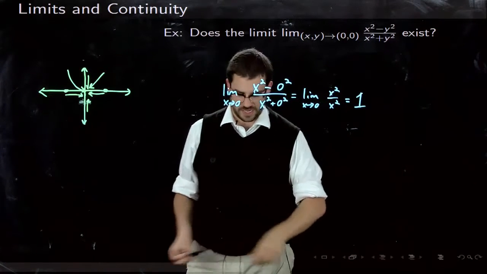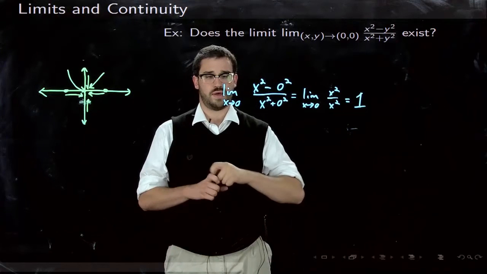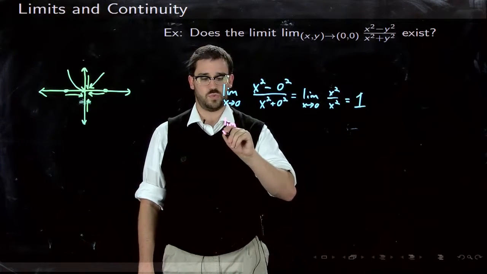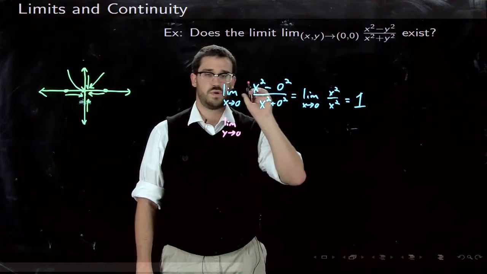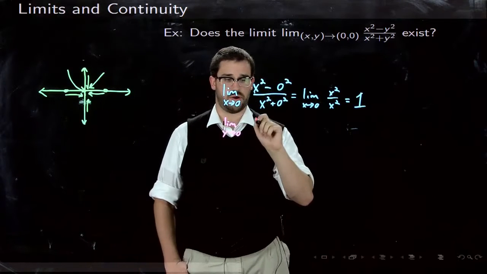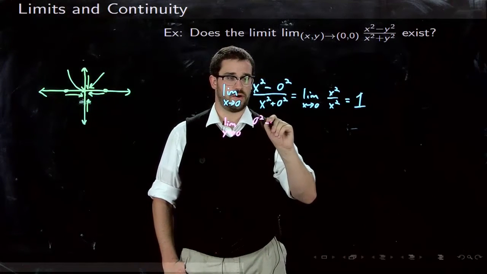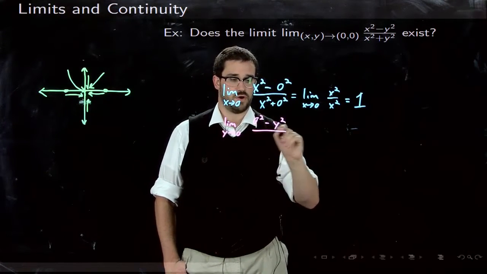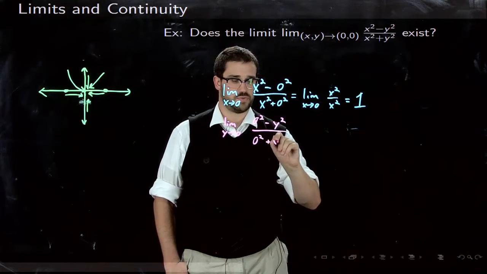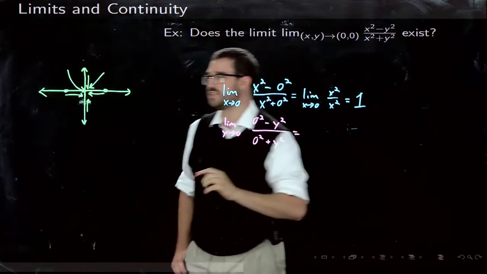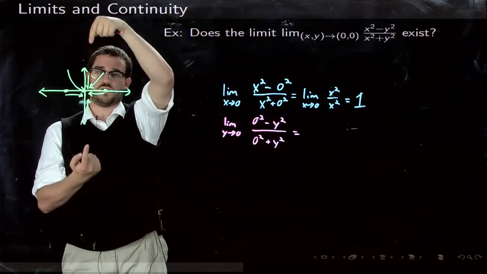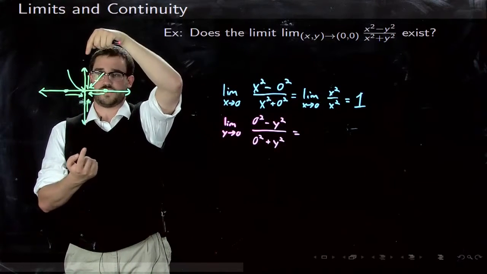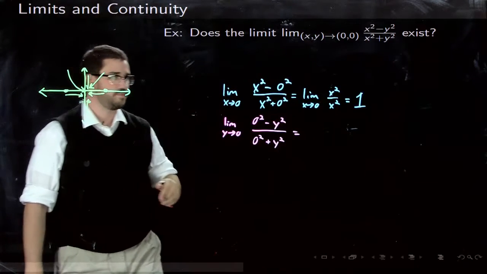But what if I did the same thing, but now I start with the limit as y goes to 0 with x being 0. So I'd have 0 squared minus y squared over 0 squared plus y squared. This would be as if I'm approaching along the y-axis, right?